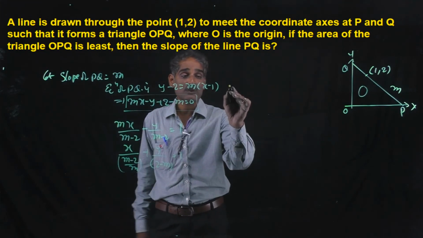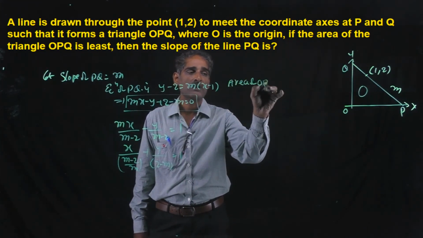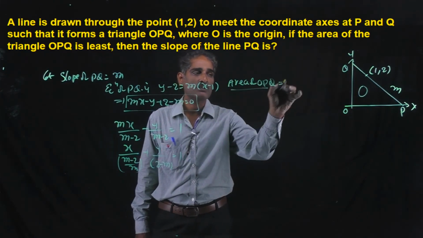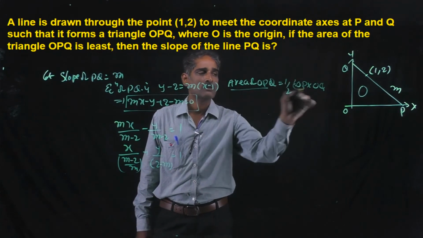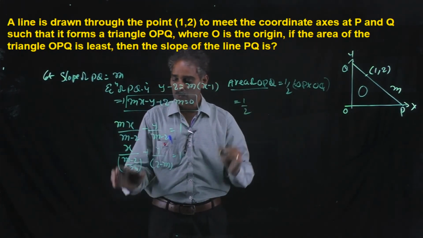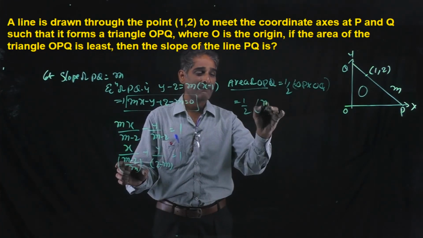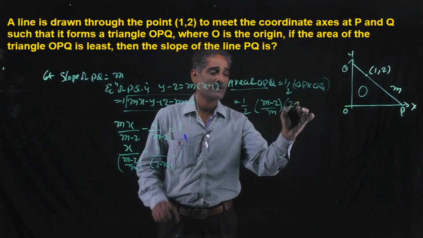Area of triangle OPQ is equal to half into OP into OQ. This is equal to half into (m minus 2)/m into (2 minus m).